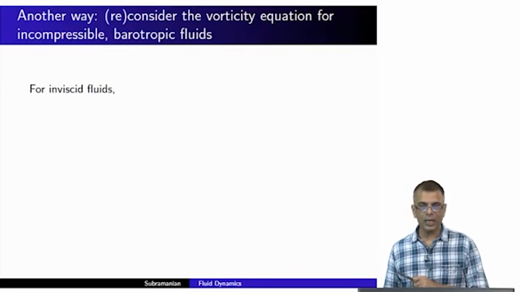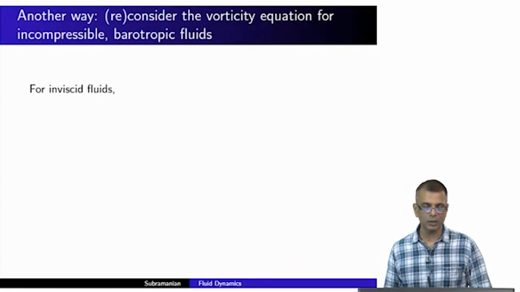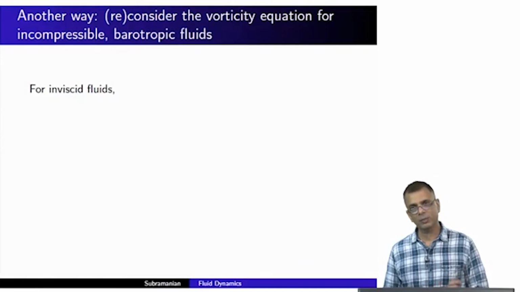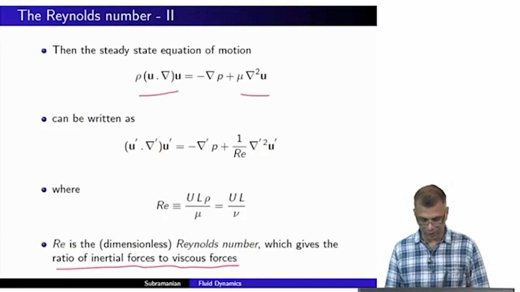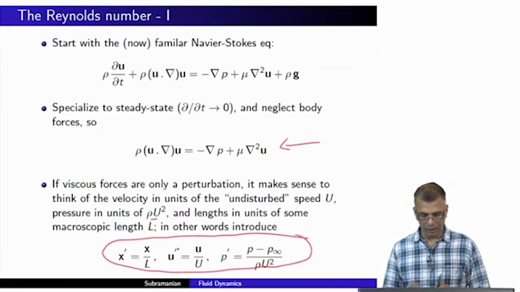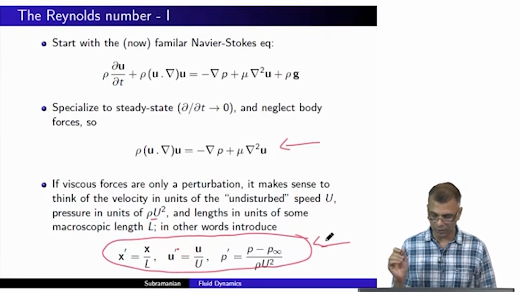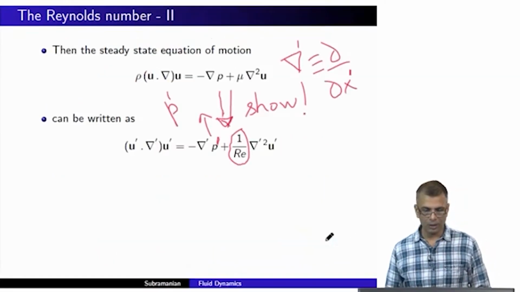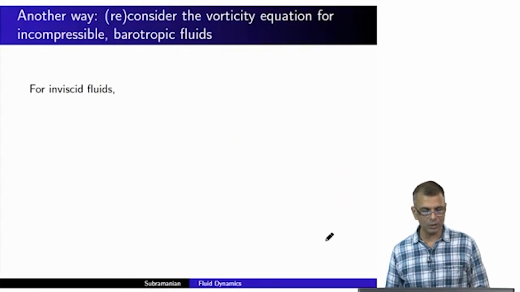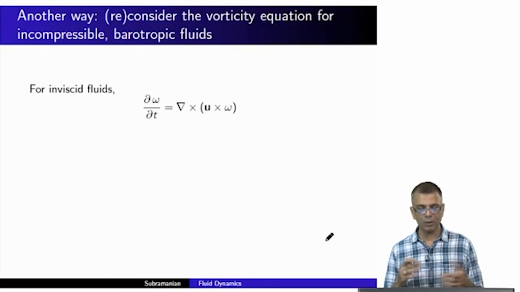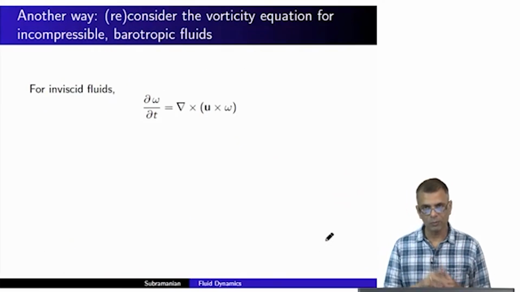Let us now go back to an equation, the vorticity equation that we discussed earlier. I'm saying this just to make you comfortable with the fact that this kind of non-dimensionalizing is useful in different situations. Okay. So remember, the vorticity equation was essentially a dynamic equation for omega.